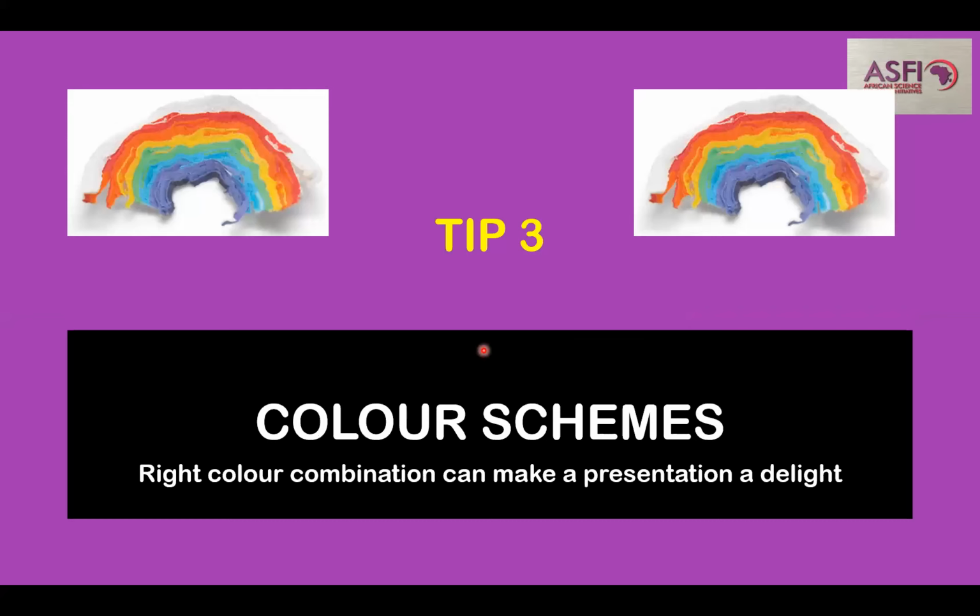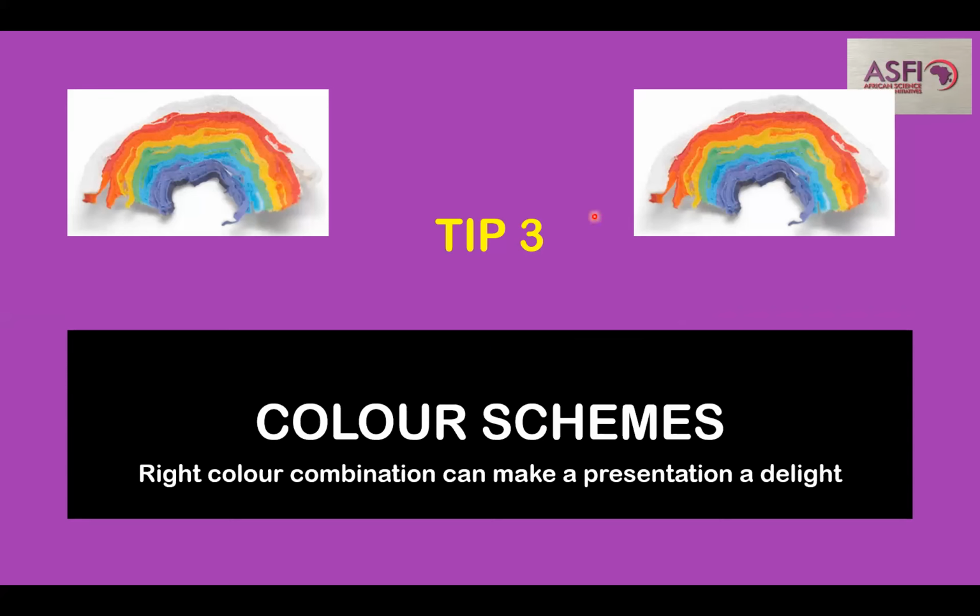Color schemes. Tip number 3 for PowerPoint presentation: choose the right color. The right color combination can make a presentation a delight. Yeah, delight. As you can see, what I have in front of me here, I don't know what you see, but I can align with what is here.